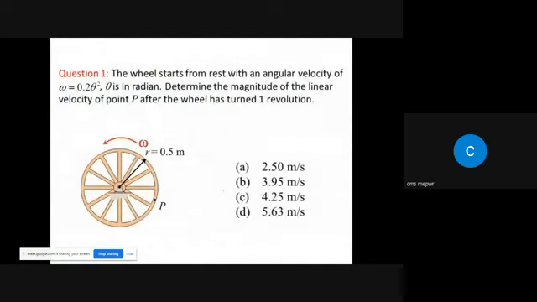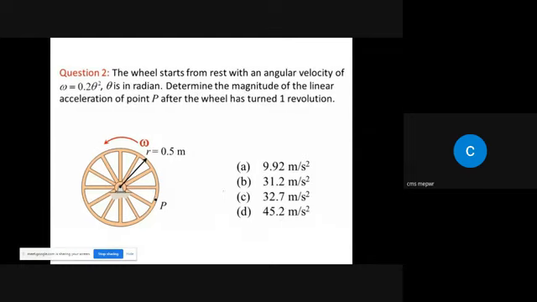Now here we have these two questions, so the answers are given. You need to solve this problem, and once you get the answer, you need to match it with these options. The closest match will be your final answer. Again, same for this one.